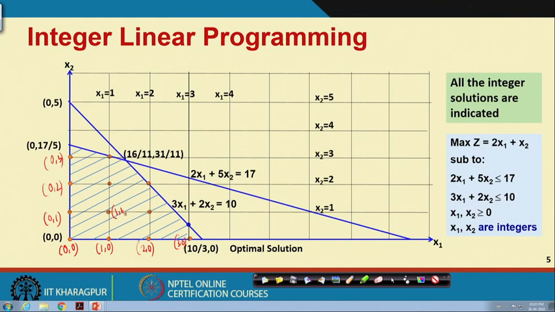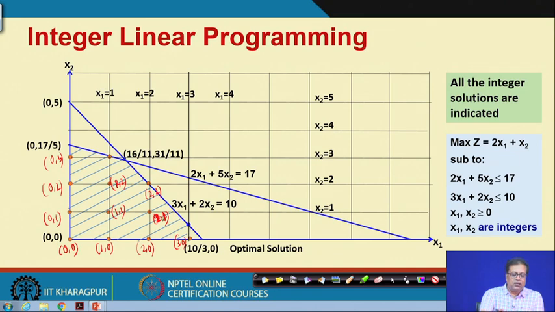For example, this is (1, 1), this is (1, 2), this is (2, 2). Sorry, this is (2, 2), this one is (1, 2), this is (2, 1). All right. So, all these points you can identify.